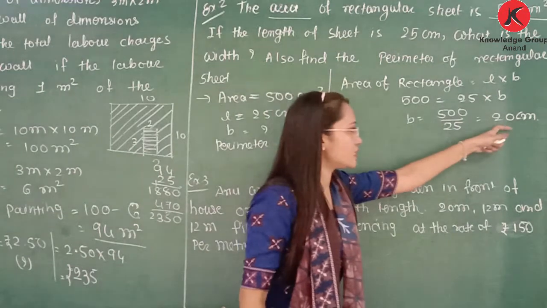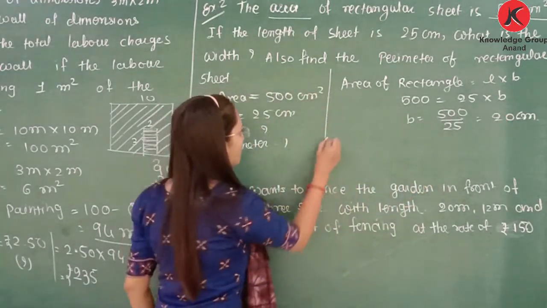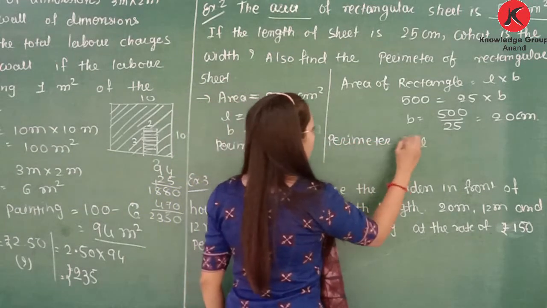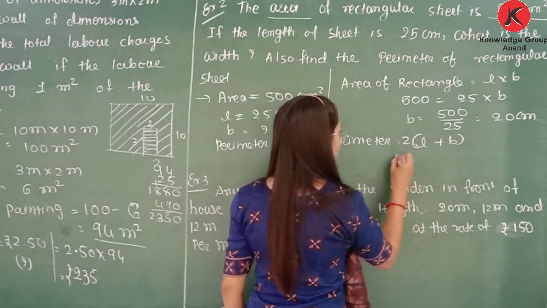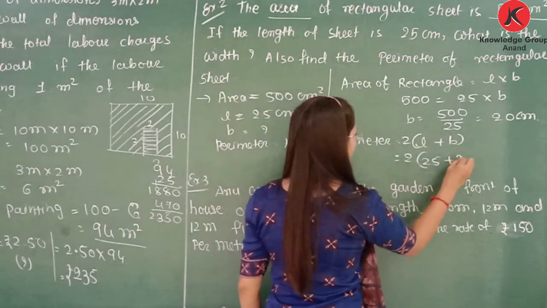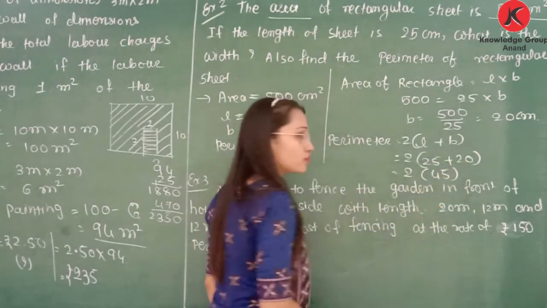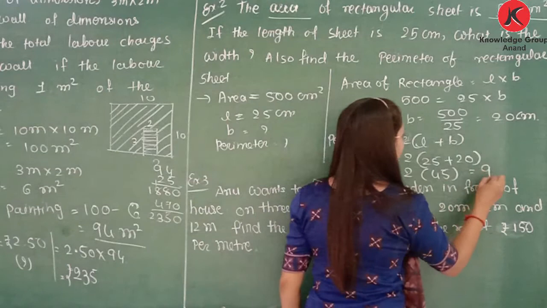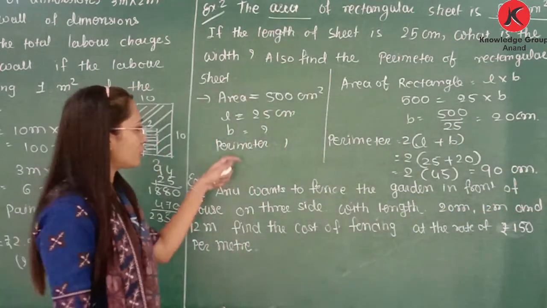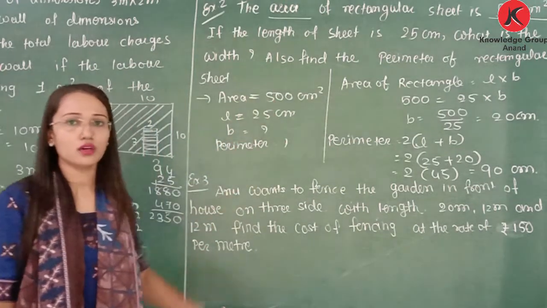Breadth is 20 centimeter. Now we have the value of breadth and length, so we can find the perimeter: 2 inside the bracket L plus B. Length is 25 and breadth is 20. So that is 45. 45 multiplied by 2, that is 90 centimeter. Clear? So whatever information is given, we use that information to find the answer.